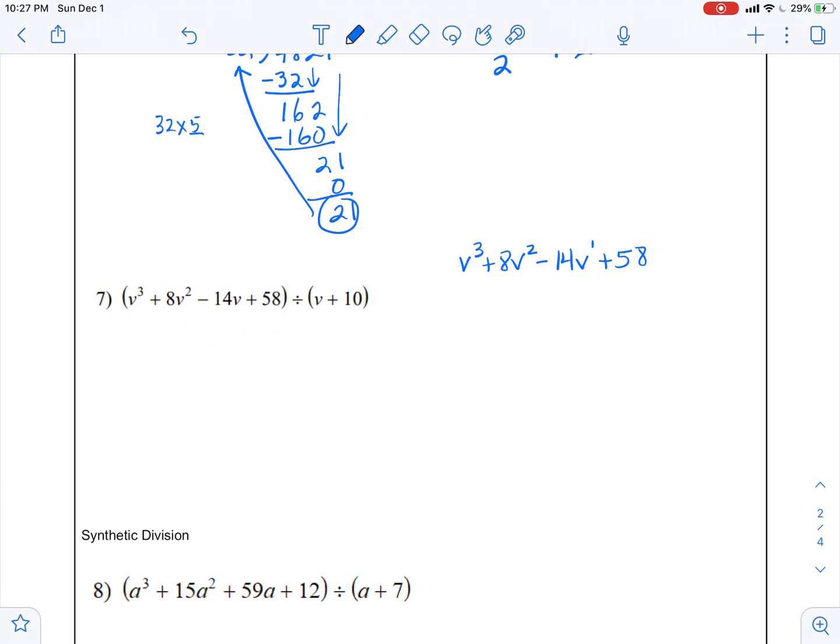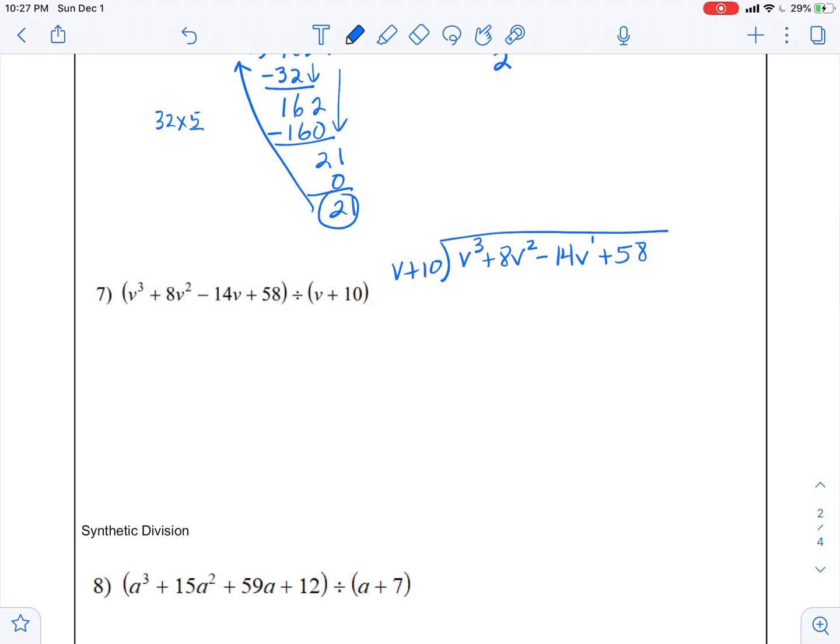So here we go. We're going to write it as a division, and we're going to put our v plus 10 out in front. Now, this one's a little bit different in how you do it, in the fact that you really don't even look at the 10. We're using it, but we're not going to look at it in terms of deciding what to do. We're just going to say, what do I need to multiply v by? So I'm only looking at the v.